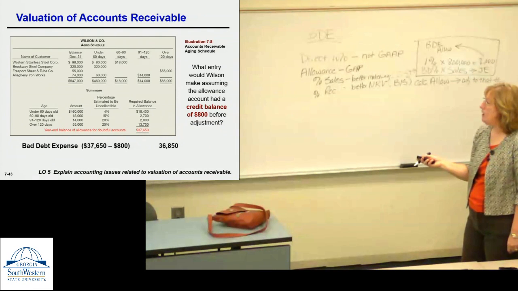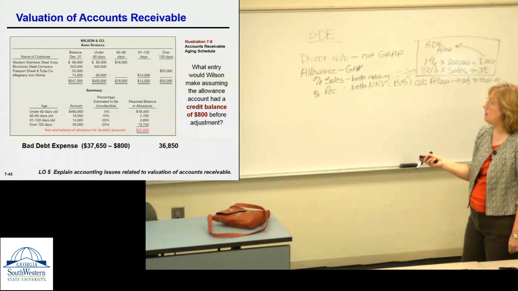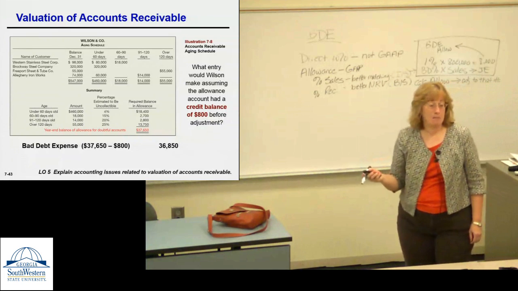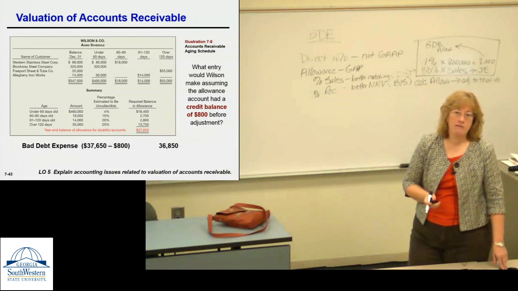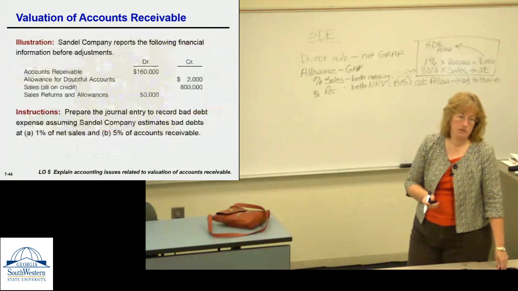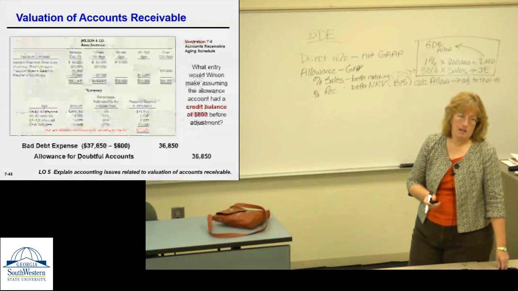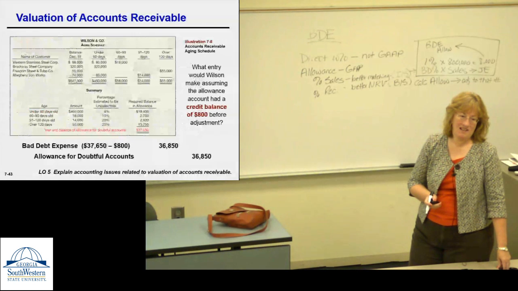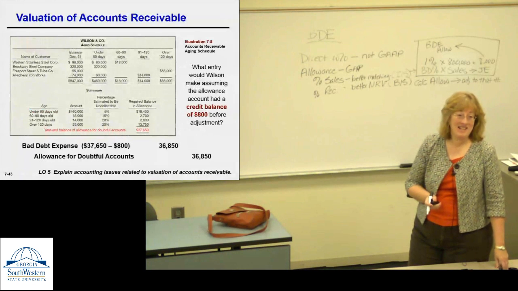But what if we don't have that? What if it had a debit balance in there? What if it was an $800 debit balance? What do we do then, Avery? I'd assume add it. Okay, good.